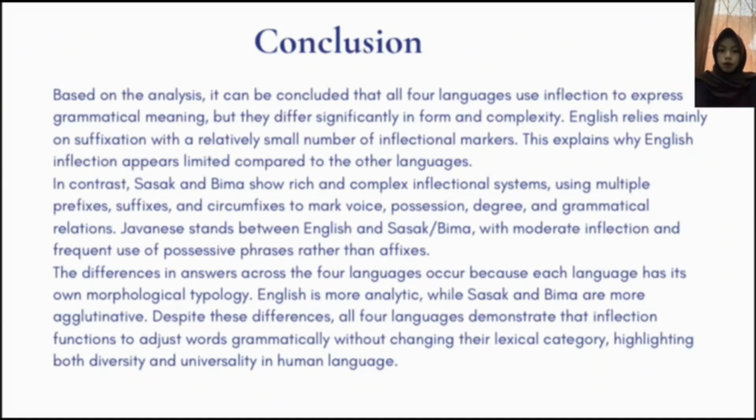English is more analytic, while Sasak and Bima are more agglutinative. Despite these differences, our languages demonstrate that inflection functions to adjust words grammatically without changing the lexical category, highlighting both diversity and universality in human language.